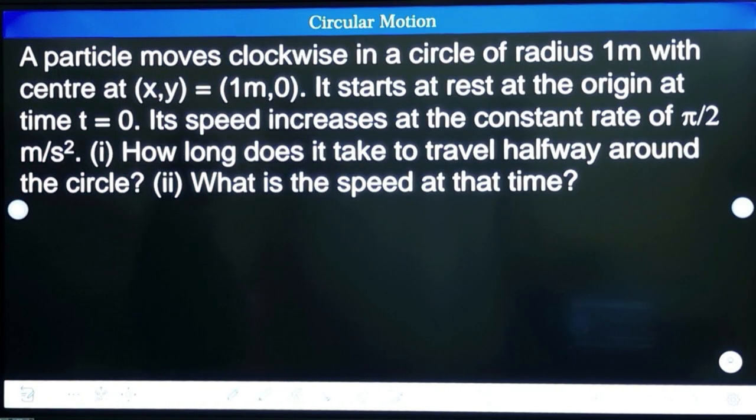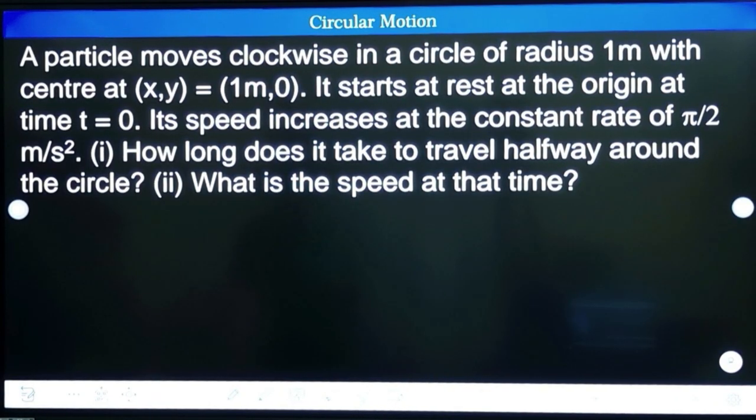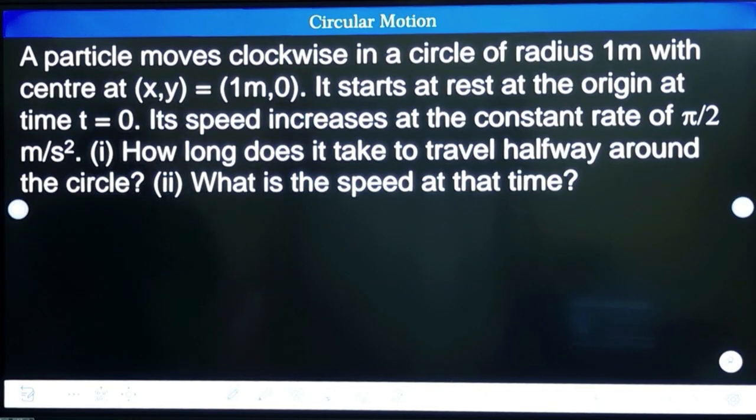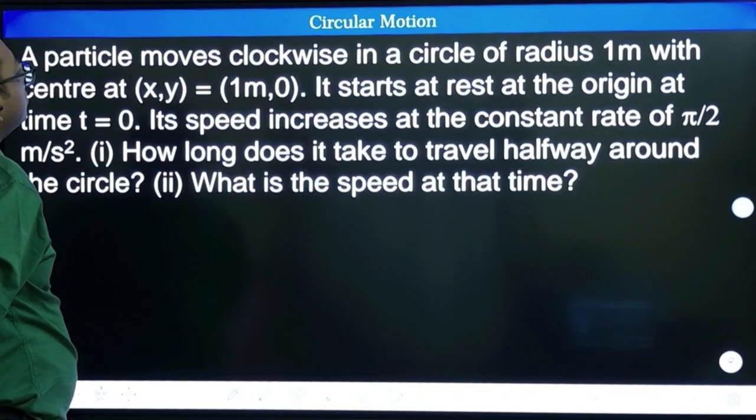Try this question. The particle moves clockwise in a circle of radius 1 meter with center (1, 0).